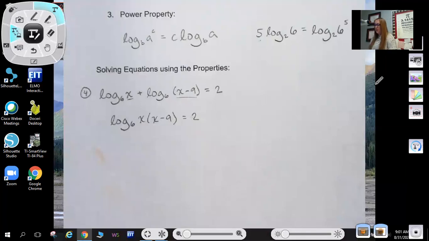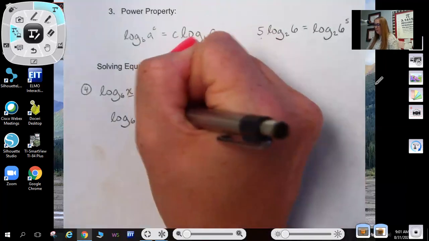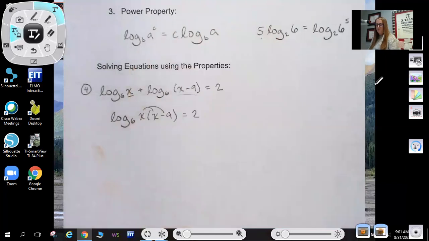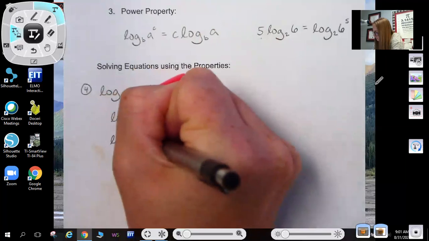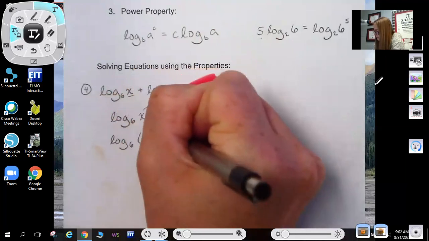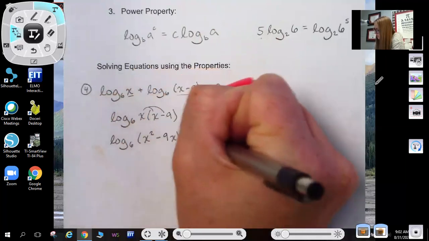Okay, let's go ahead and multiply here by distributing the x. So we have log base 6 of x squared minus 9x equals 2.